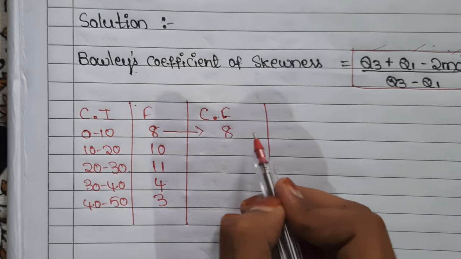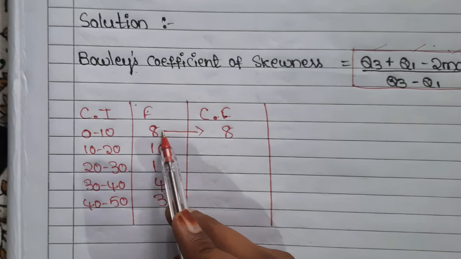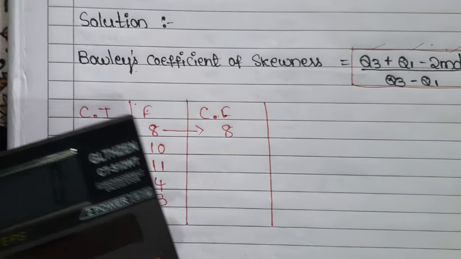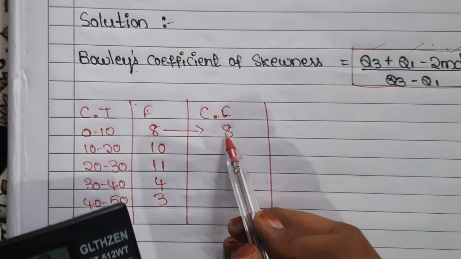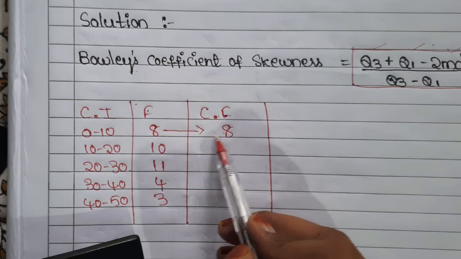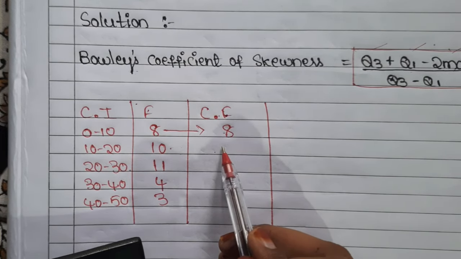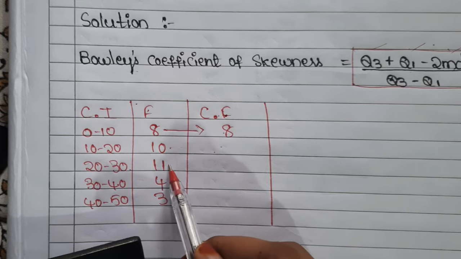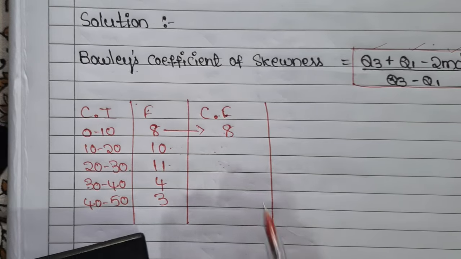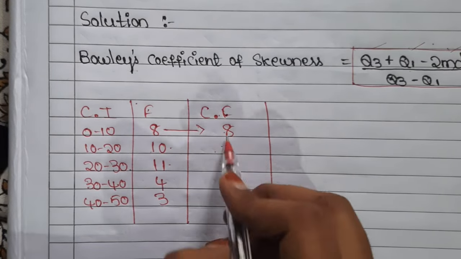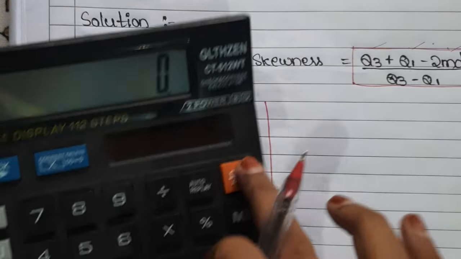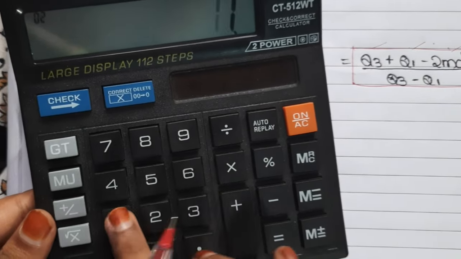Then you take a calculator and add this cumulative frequency with the next frequency, and you get the new cumulative frequency. Then you add that with the next frequency to get the next one. So 10 plus 8 is 18. Then 18 plus 11, how much is it?